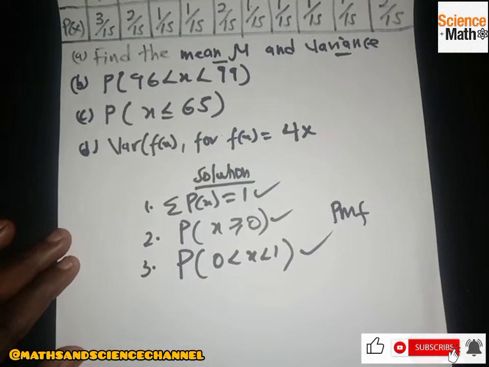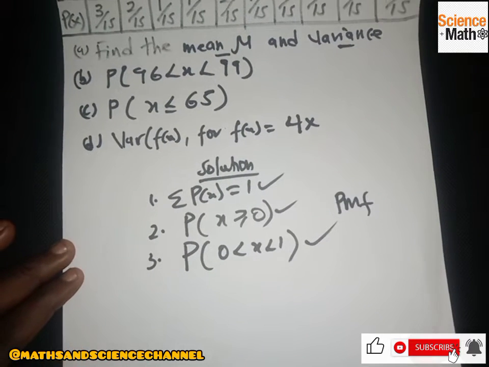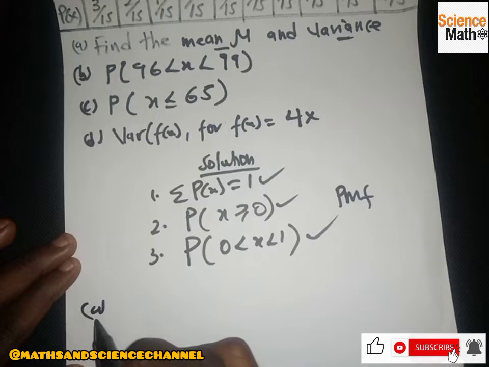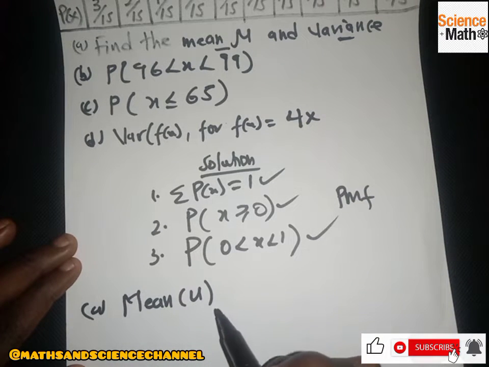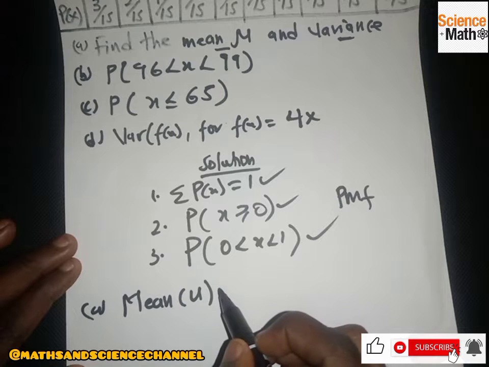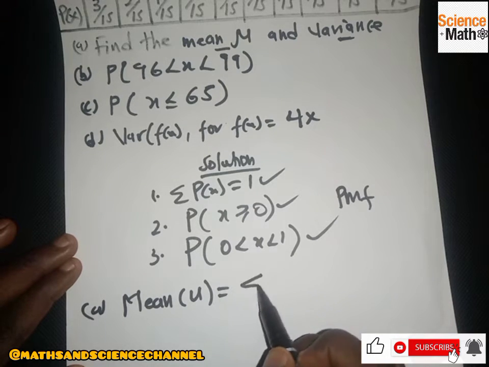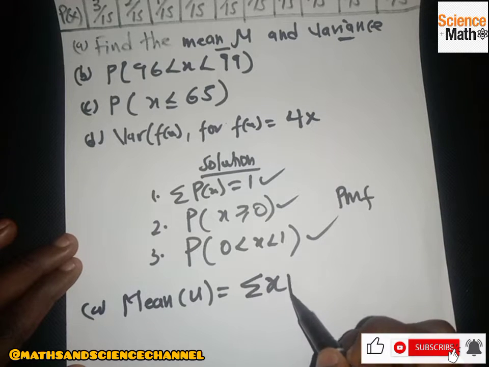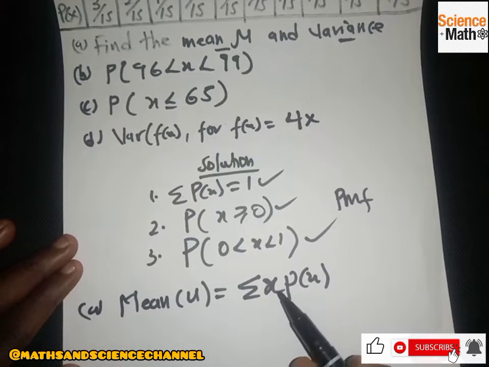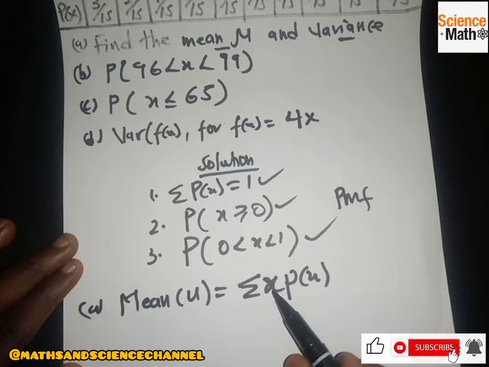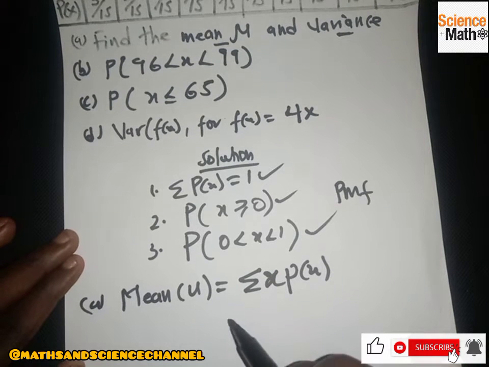Now since it is a PMF, and the first question says what is the mean, to find the mean here, which is given by mu, the mean is just a summation of all the x multiplied by P of x. So what we are doing is summing the product of x and P of x.